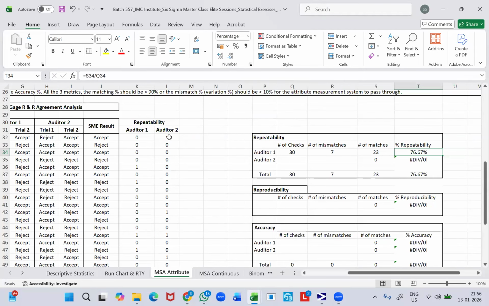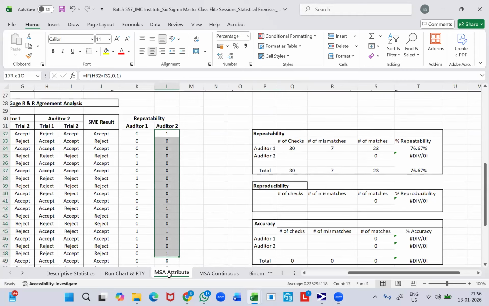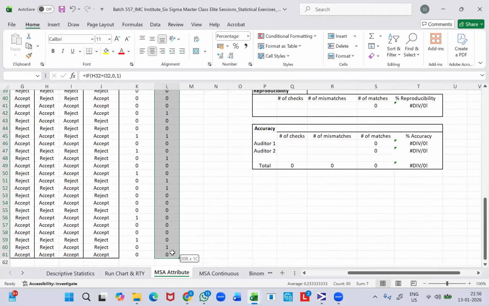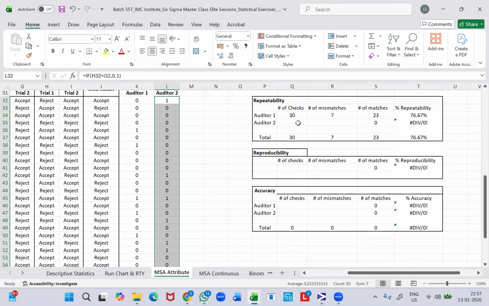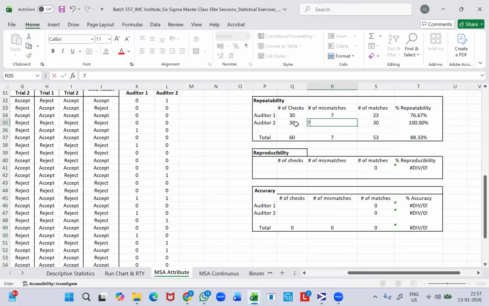If you want to calculate the number of mismatches for auditor number 2, as far as repeatability is concerned, we again get 7 mismatches. You can see the number here. Sum is 7. So again we have 7 mismatches for auditor 2 as well. So both auditor 1 and auditor 2 have performed in the same way as far as repeatability is concerned.